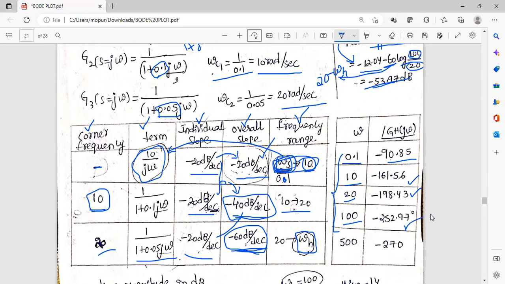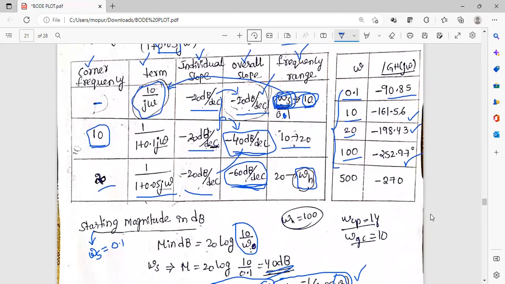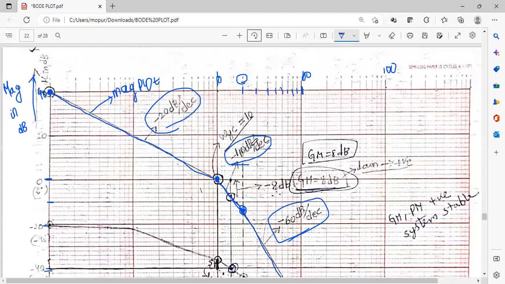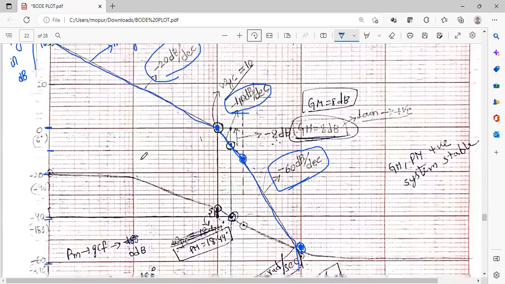Now that you have the phase angles for different frequencies, you just plot them in the phase angle curve. Let me show you. On the axis, I had taken the magnitude in decibels.